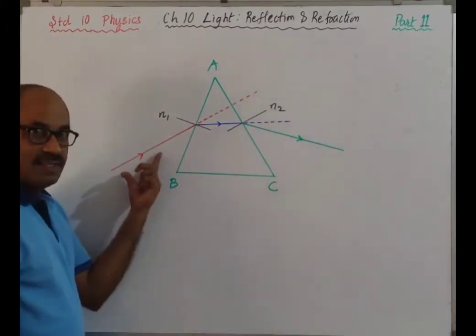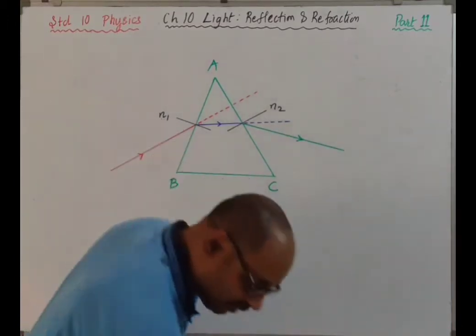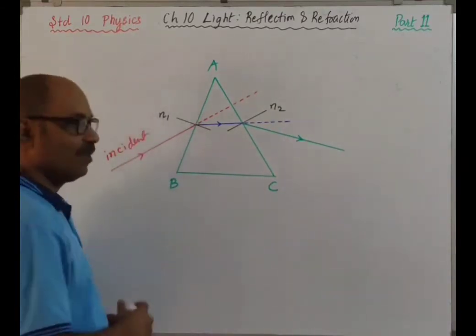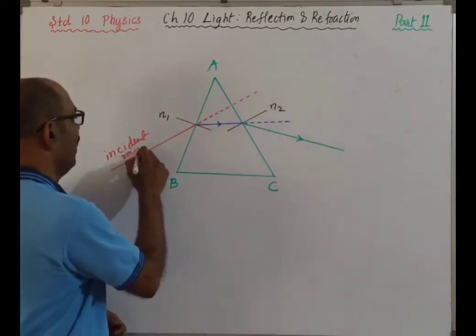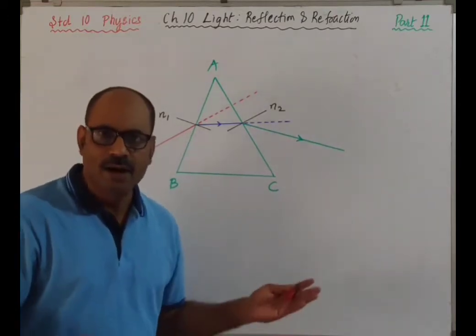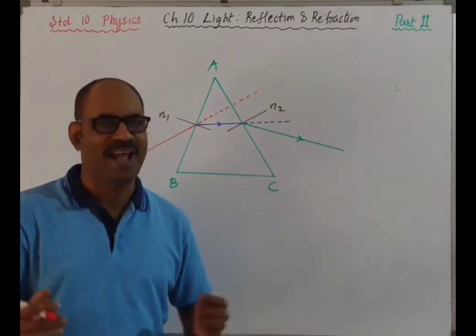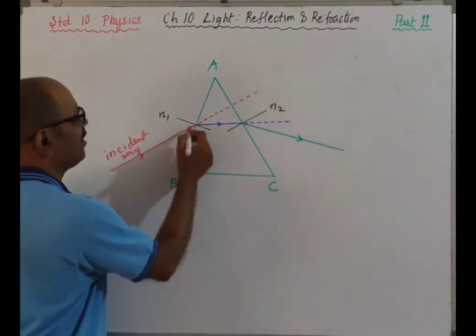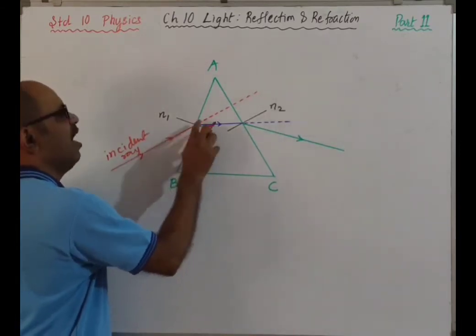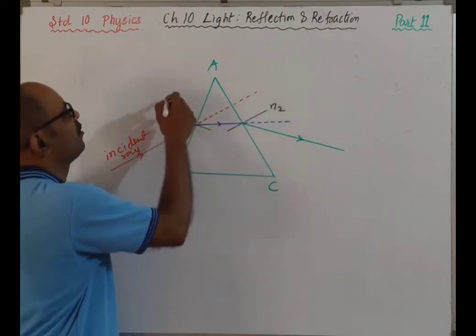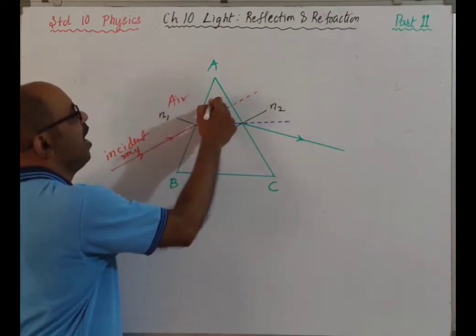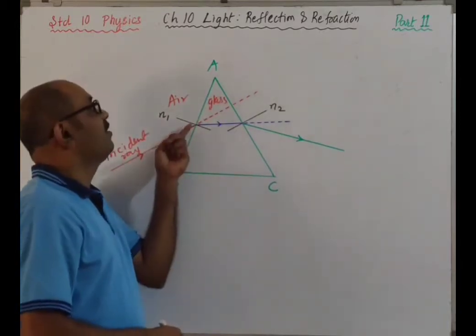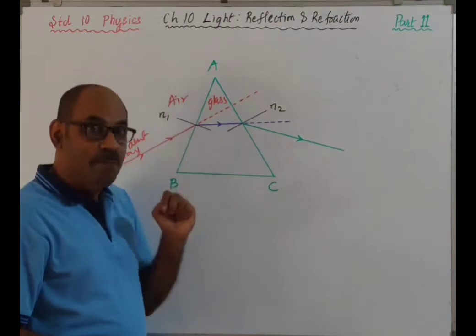Now look, this is the ray of light incident. So this is the incident ray. Here the same laws of refraction would be followed. See, this light ray would have traveled straight if there was no air to glass medium available. Correct? But instead of moving straight, it's going to bend.